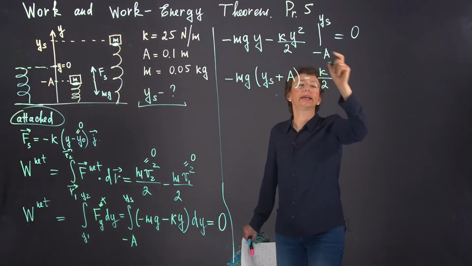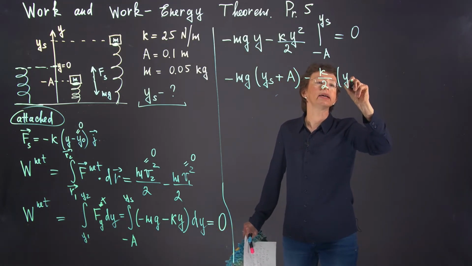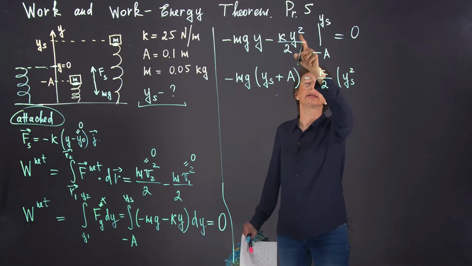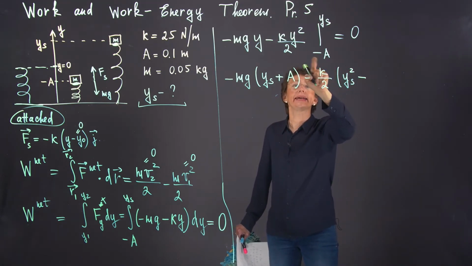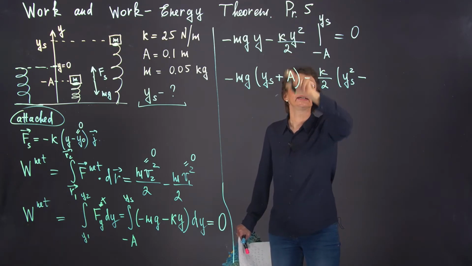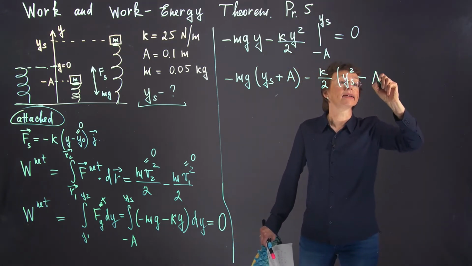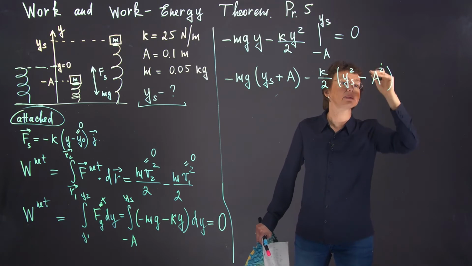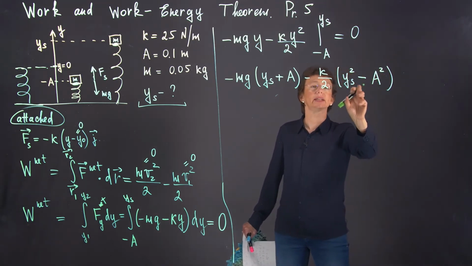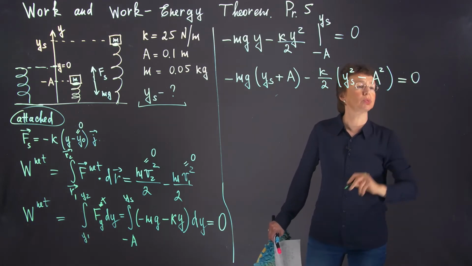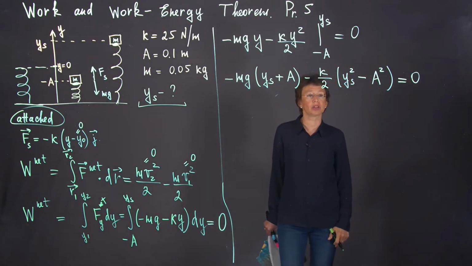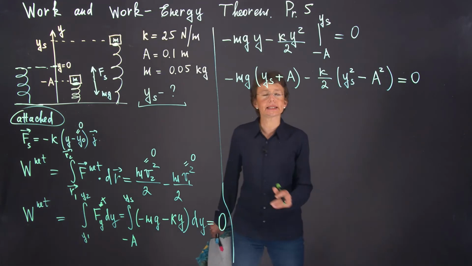And then here I have ys squared minus lower limit minus a squared gives me a squared. This is minus a squared, and minus from the lower limit. Wonderful. And this is equal to 0. We don't have to get the right-hand side of the equation. Looks complicated, but it is not.